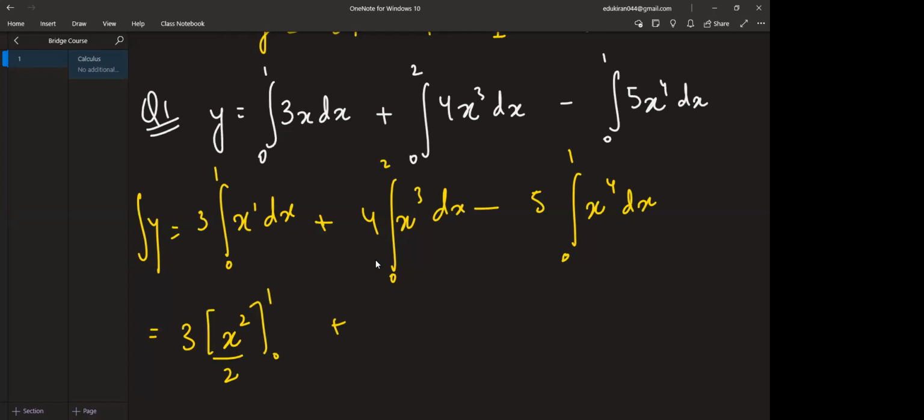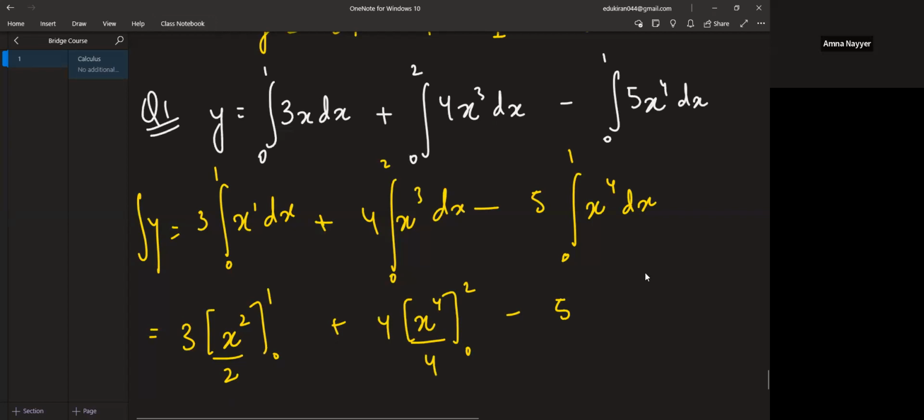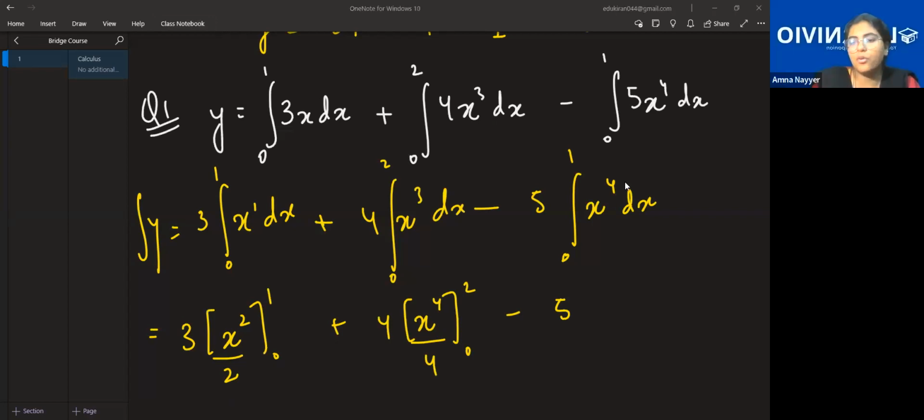Then, when you are integrating 4 x to the power 3, 3 plus 1 will also become 4, divided by 4, integrating it from 0 to 2. Minus, you have 5. You are integrating x to the power 4. Again, this becomes x to the power 5 divided by 5 from 0 to 1.